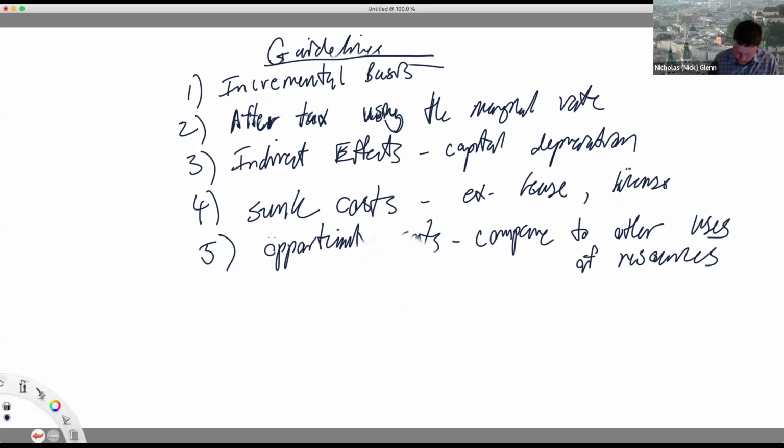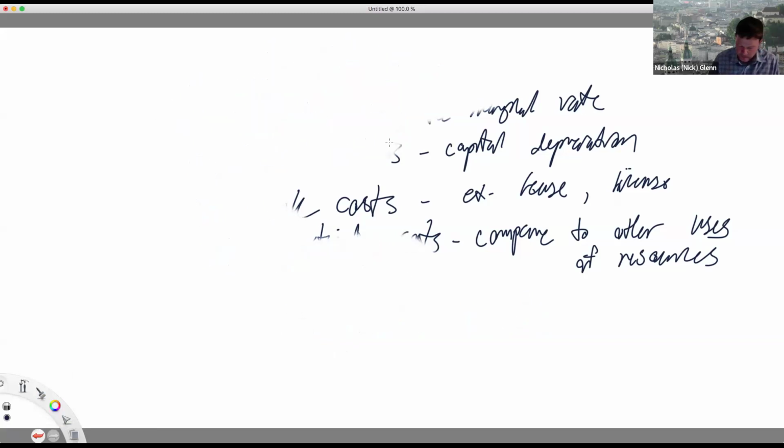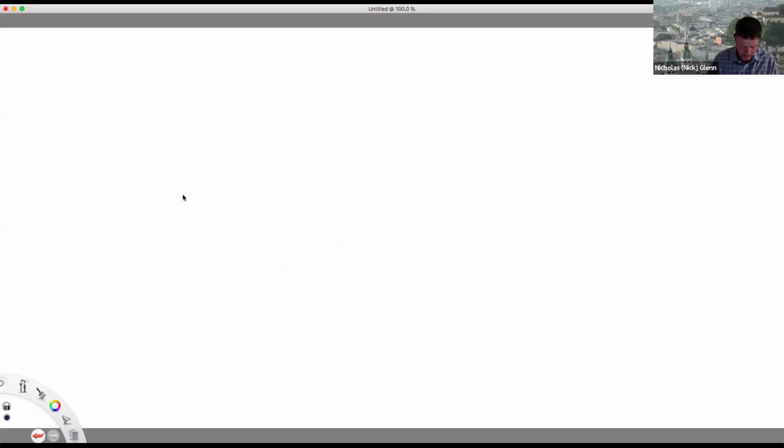Let's do number 3 here. There's going to be a $770 million initial outlay.